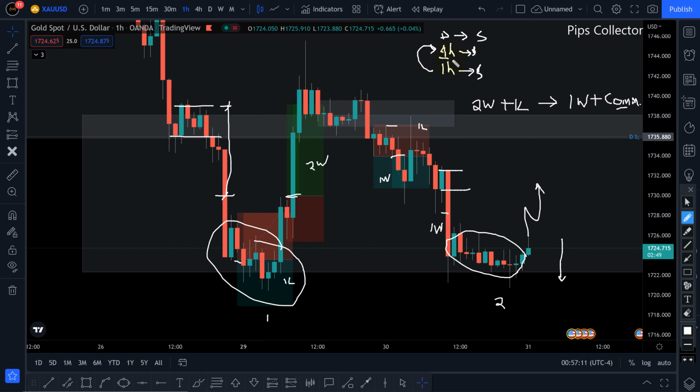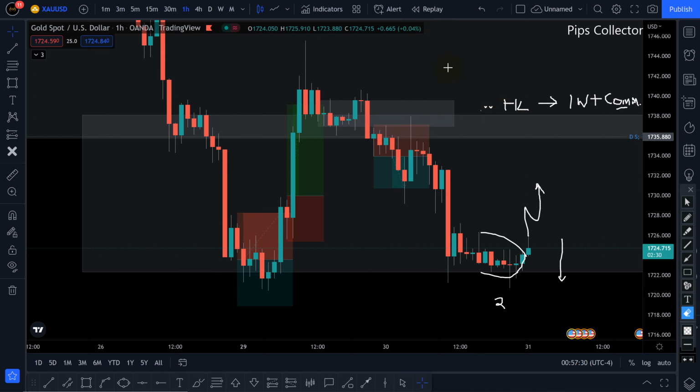If it changes this 4 hour to sell, it is in confluence with this daily sell. So on gold, I'm anticipating further bearish momentum, but whichever one plays out, we will see what to do.